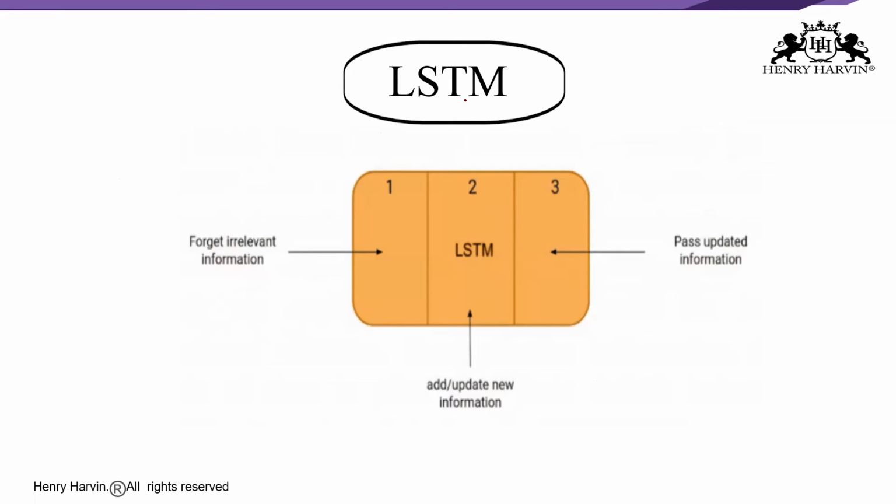Now let us discuss the LSTM architecture. At a high level, LSTM works similarly to an RNN cell. Here is the internal functioning of the LSTM network. The LSTM consists of three parts, you can see 1, 2, and 3, and each part shows an individual function.